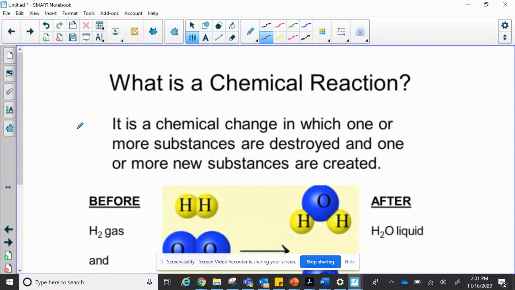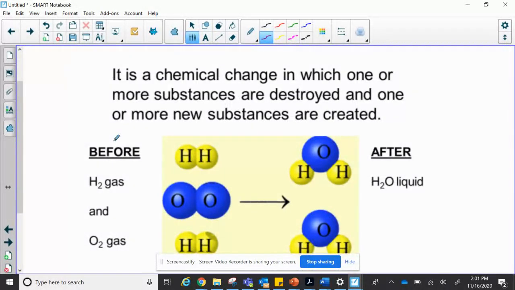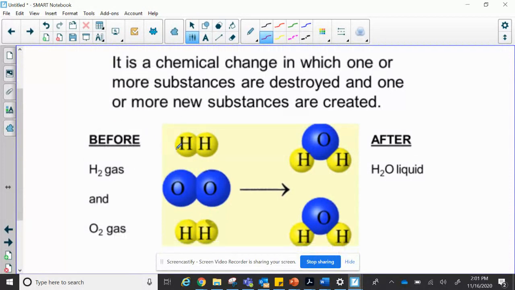It's a chemical change in which one or more substances are destroyed and one or more new substances are created. Really what we're saying is that atoms are rearranged. Okay, so in this example here, what we start with, our reactants, are hydrogen gas, that's our H2 gas, and oxygen gas, that's our O2 gas.